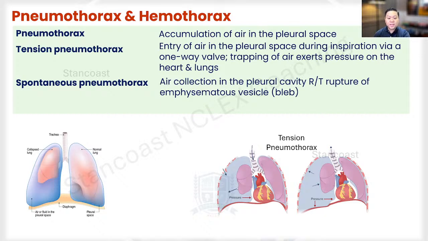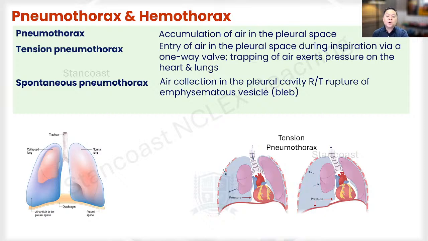However, this can involve the rupture of what we call a bleb, or let's say an emphysematous type of sac. When that ruptures, it will cause air to go into the pleural space and do the same thing. It will lead to lung collapse and also some mediastinal shift.